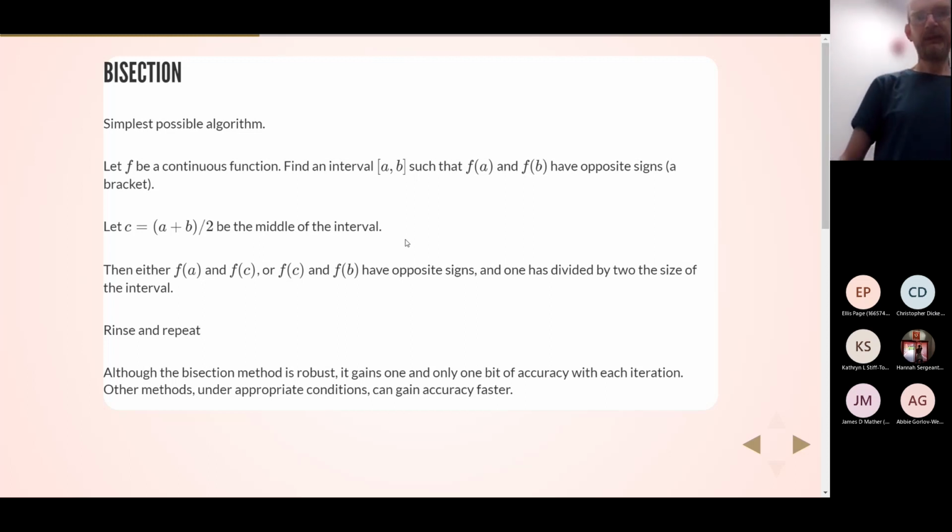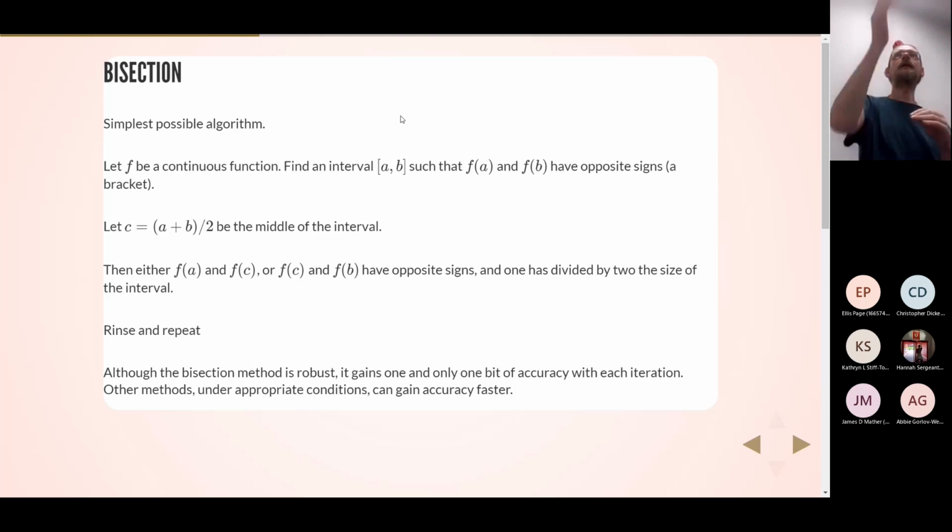Bisection's the slight outlier. It's a geometric argument. If f is a continuous function, you find somewhere where it's positive, somewhere where it's negative, and for a continuous function, it must have crossed through 0 between those two points.